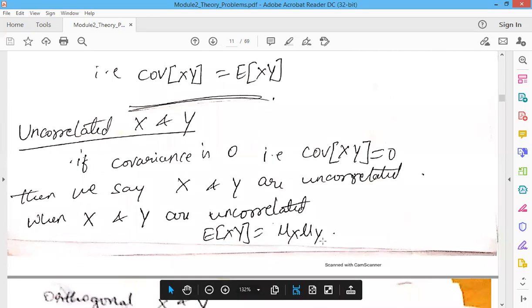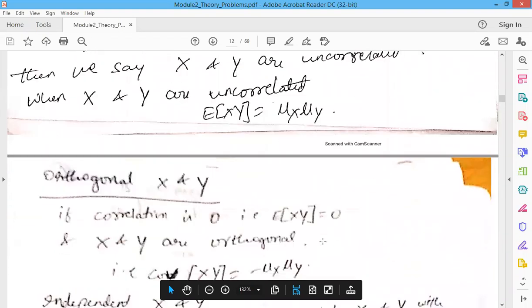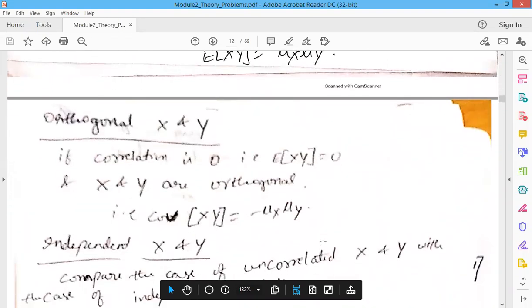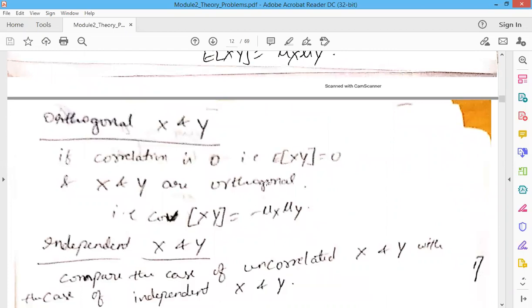And next, we can also check the orthogonality property for the random variables x and y. The orthogonality property can be verified whenever the correlation is 0. Whenever correlation is 0, it means that expectation of xy is equal to 0. You need to remember this also.